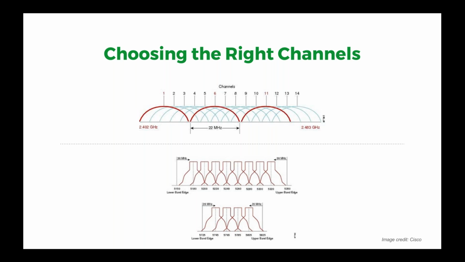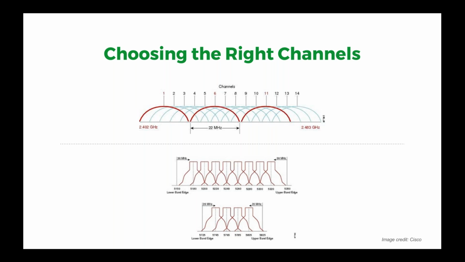Okay. So going back, the radio channels on Wi-Fi are a standard 22 megahertz wide, so that's a 20 megahertz channel with a 2 megahertz buffer in between them.